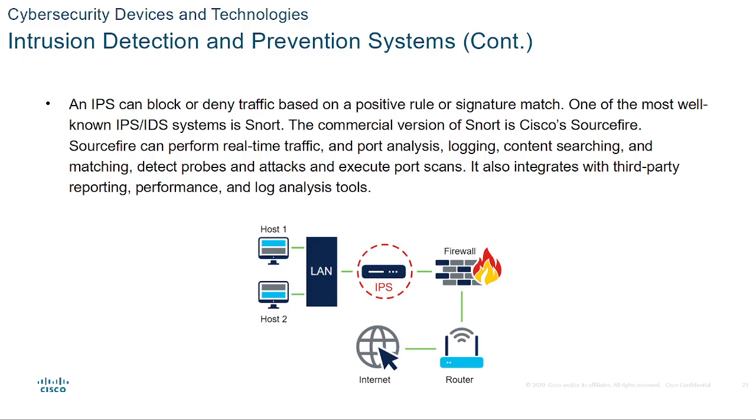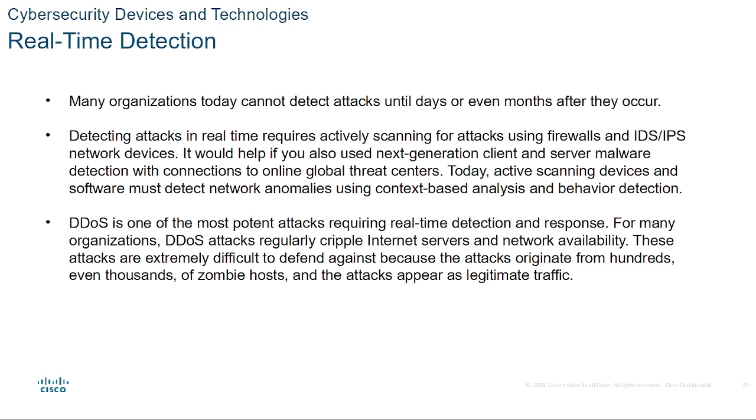It also integrates with third-party reporting, performance, and log analysis tools. See how sophisticated Cisco's Sourcefire is. Now, real-time detection. Many organizations today cannot detect attacks until days or even months after they have occurred.